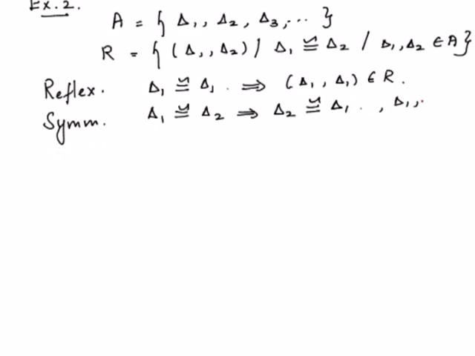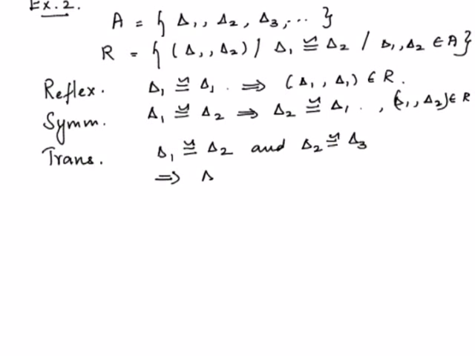Transitive because if we consider yet another element, namely delta 3, delta 1 congruent to delta 2 and delta 2 congruent to delta 3 implies delta 1 is congruent to delta 3. Therefore, all three conditions are satisfied and hence R is an equivalence relation.